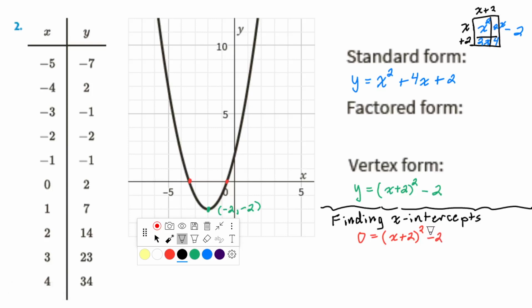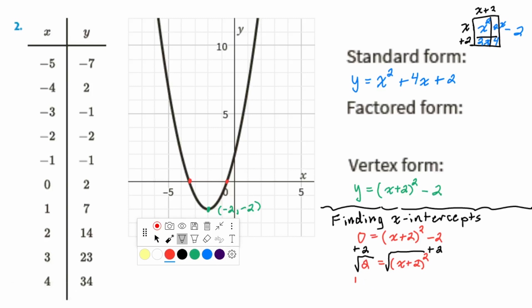So first I undo the minus 2 by adding 2, and we have 2 equals x plus 2 squared. I wrote a 0 there when I should have written 2, so I apologize. Then to undo the squared, we need to take the square root of each side.